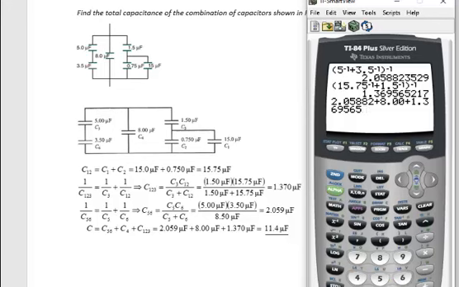Sure, a little overkill, but by doing that, I do get nice 3 sig fig. Enter, and now I'm going to round to the 3 sig fig, which is going to be 11.4 microfarad, which is exactly what they're listing here.